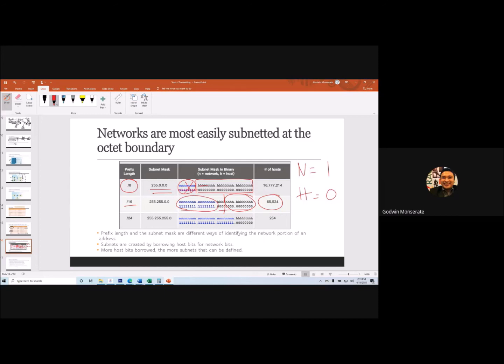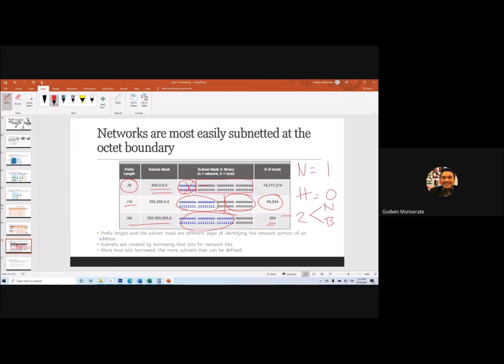And the smallest is the /24, which is class C. 24 bits have already been consumed for that network. That's why you can create only 254 hosts. It is 256, and it always has minus 2 for all. What is that minus 2? Put it in your head: network and broadcast. Yes, permanently minus 2.